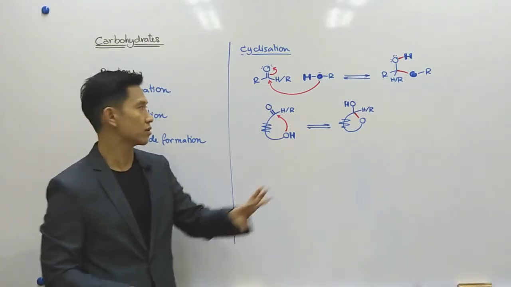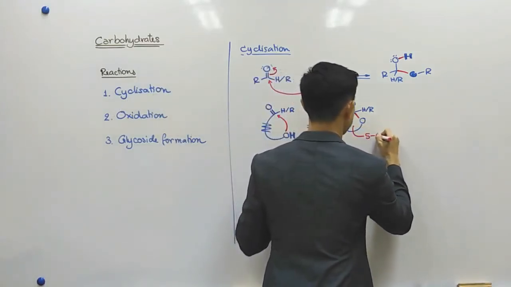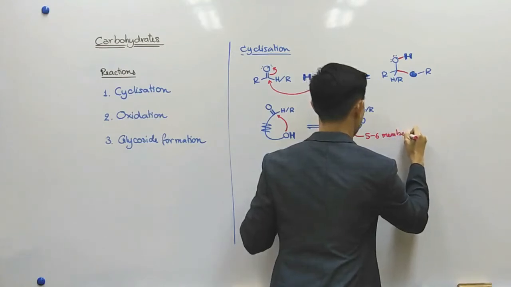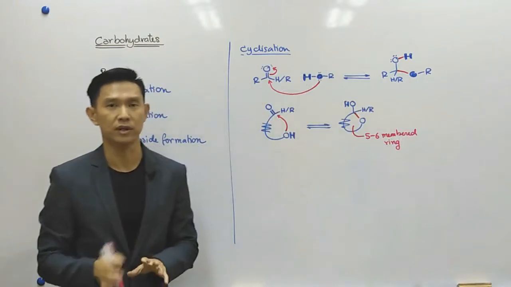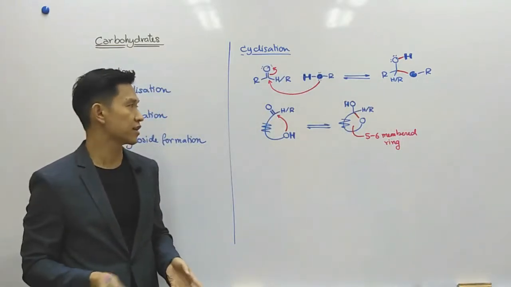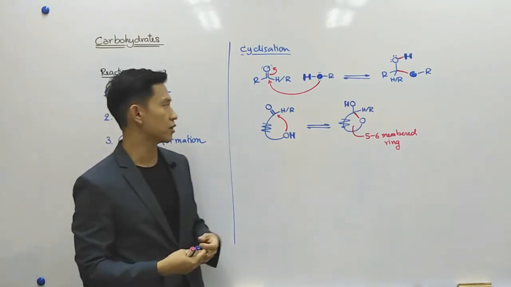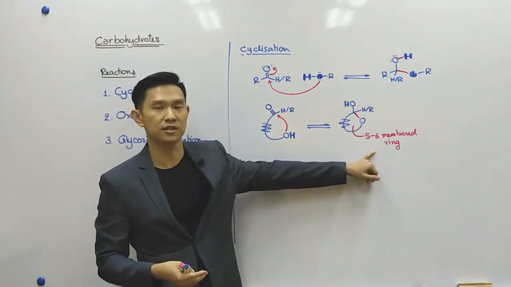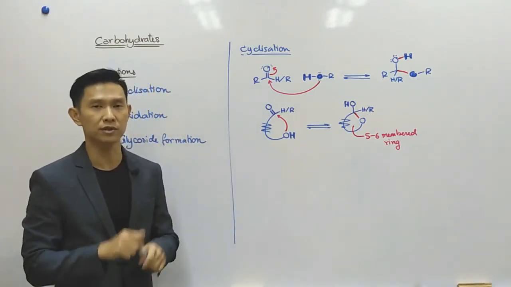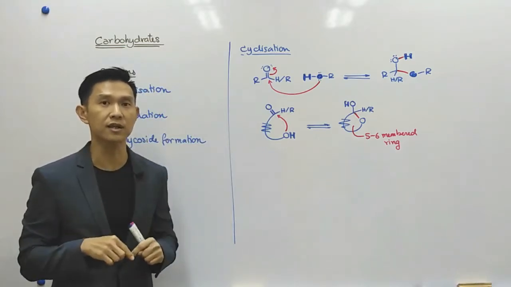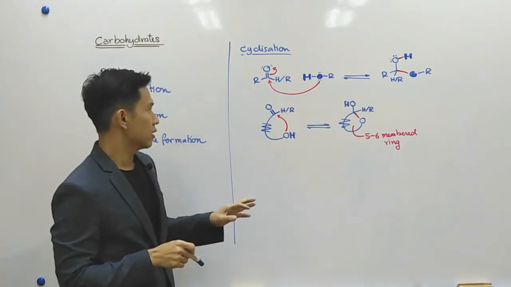But the stable cyclic structure here has to be a 5 to 6 membered ring. So you may end up with pentagon or hexagon only; no other size of cyclic structure can be seen in nature. They predominate with 5-membered and 6-membered rings. This is why we draw the structure of glucose as a hexagon and the structure of fructose as a pentagon. Okay, so that's it.